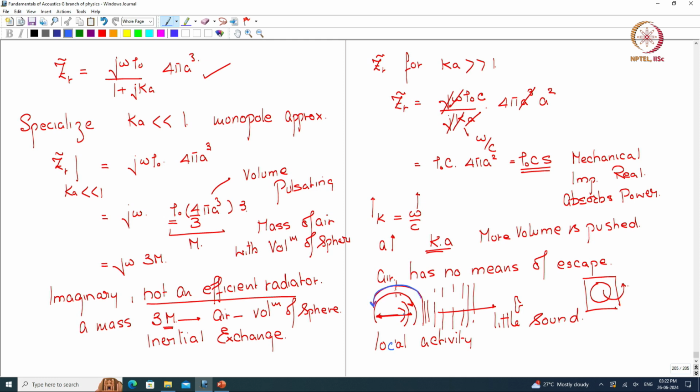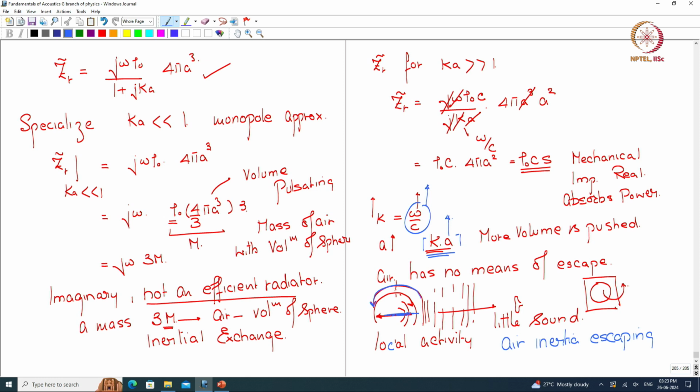But if the piston starts to oscillate at a very high frequency, then also air, because it has inertia, will have a difficult time escaping. So even a piston without a baffle will become efficient if frequency goes up, and even a piston without a baffle becomes efficient when its radius goes up. So Ka is that number. So that's as far as the sphere is concerned.